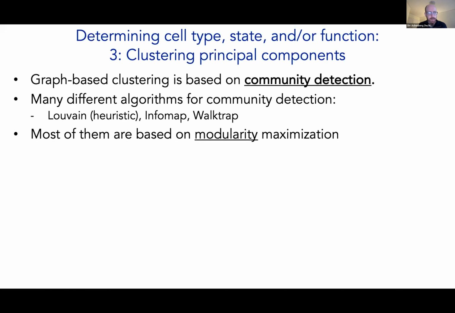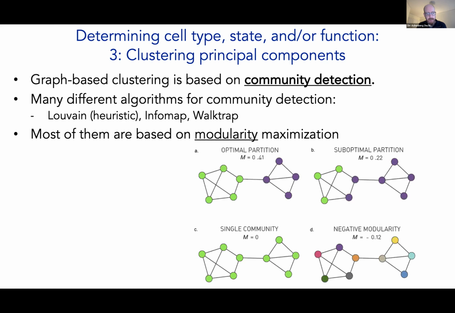There's central people and there's people who are more distant. But regardless, this is graph-based clustering, and there's many different algorithms you'll see. Louvain and another one from another town in Europe, Leiden, are popular ones, but there's also Infomap, Walktrap, and so forth. And they're based on modularity maximization.